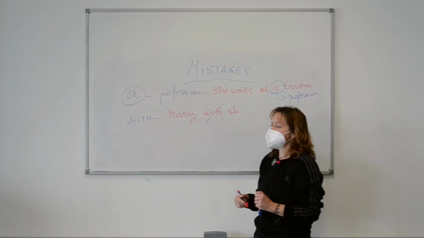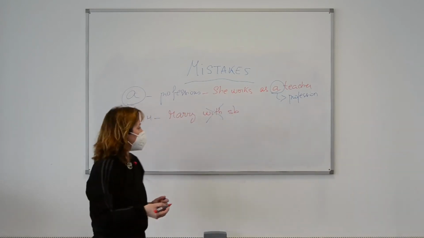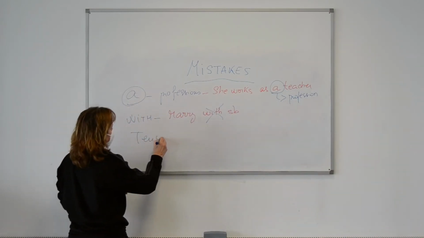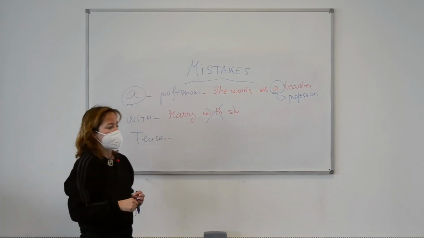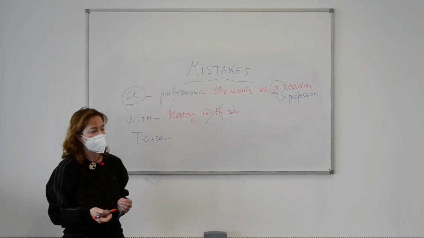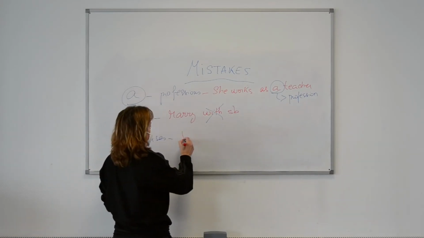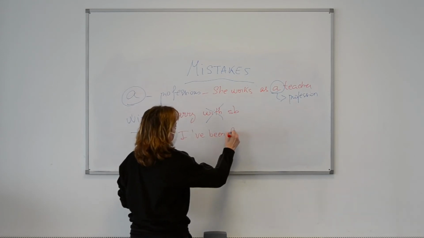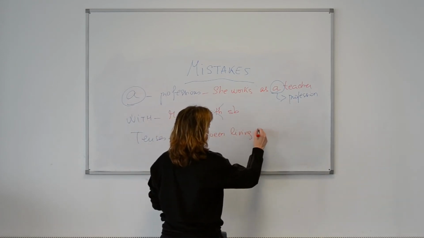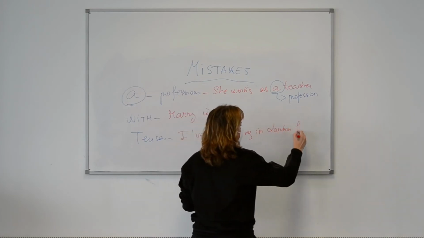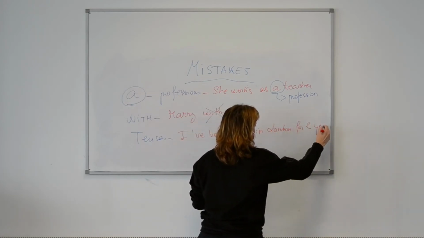Other common mistakes are related to tenses. For instance, sometimes we use the present continuous when we should use the present perfect continuous. For example, "I have been living in London for 2 years."